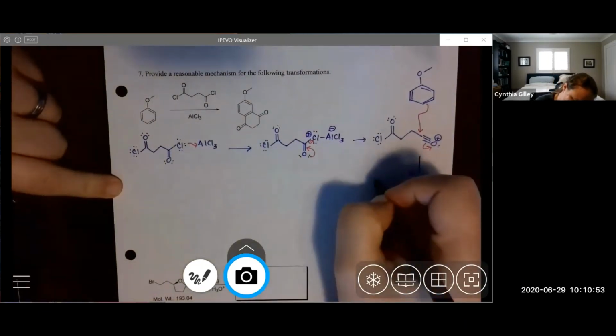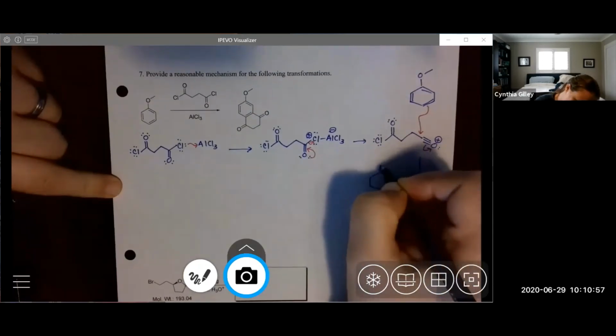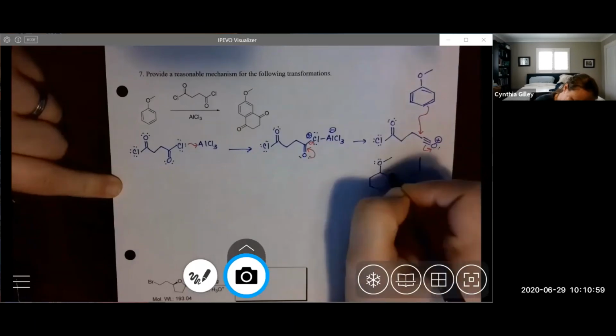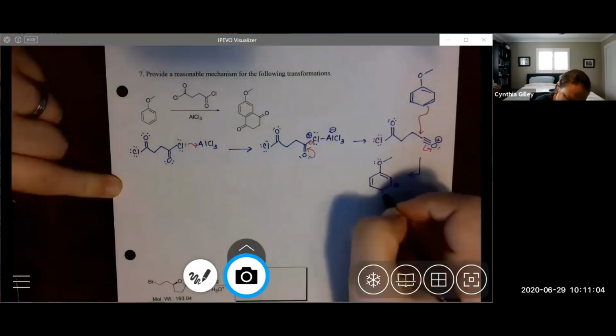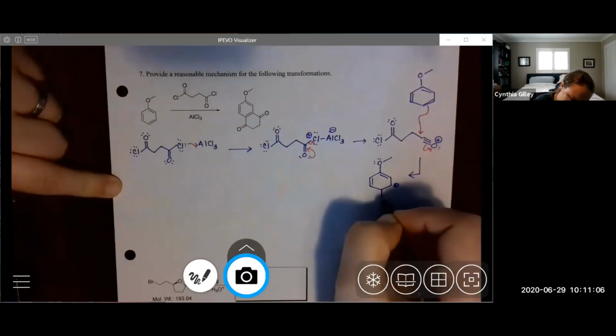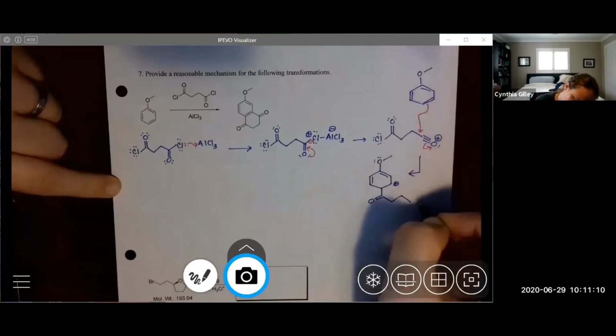Now we can draw the aromatic ring after it's done its nucleophilic attack, with a carbocation here, having introduced the acyl group.